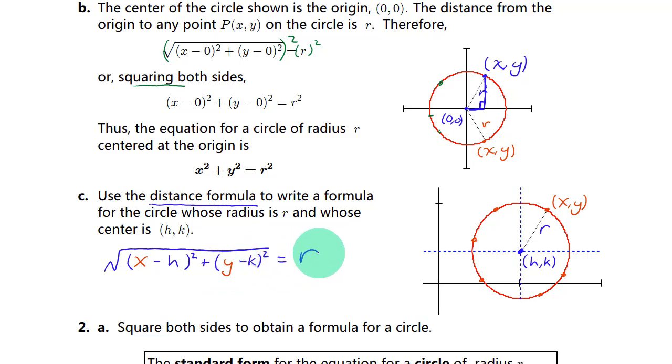That distance should be equal to the radius. So this is an equation saying the distance from x, y to h, k is equal to the radius of the circle.